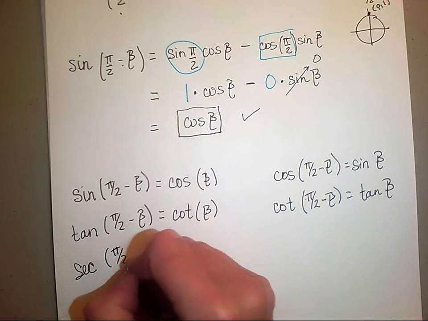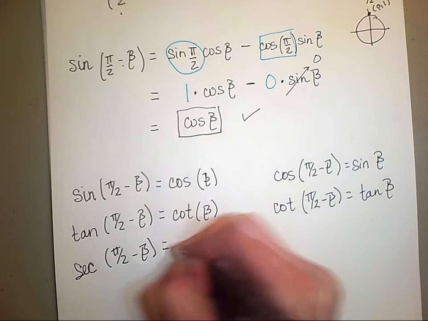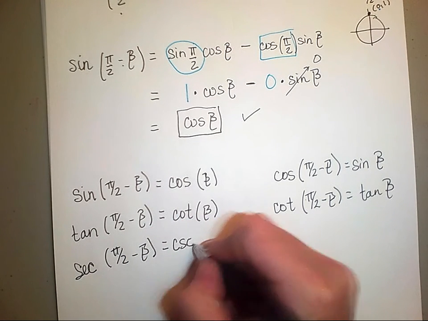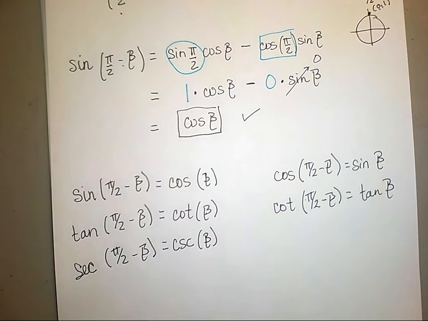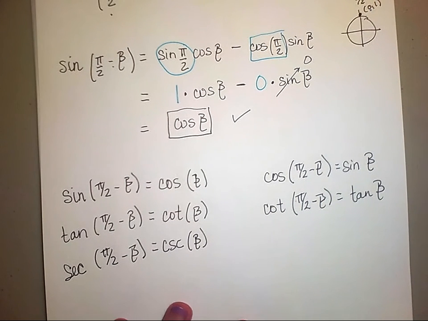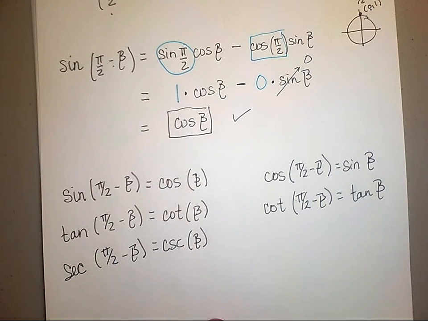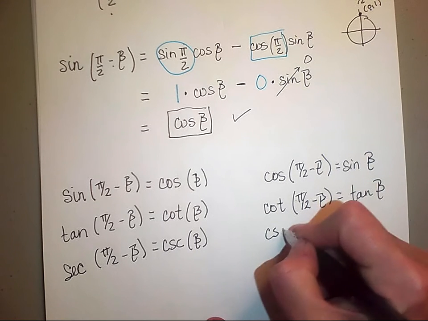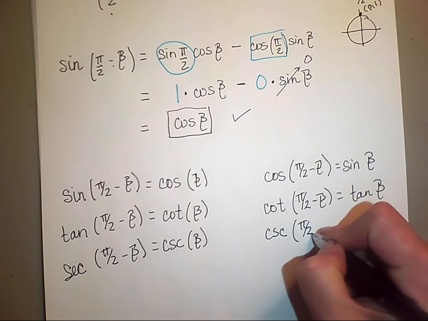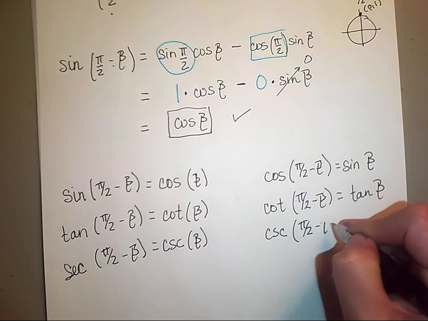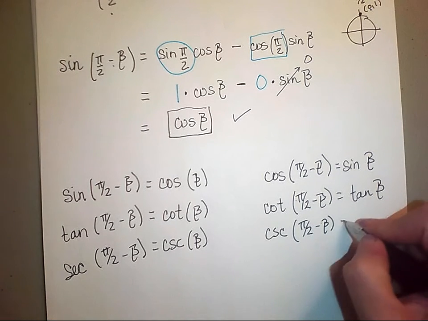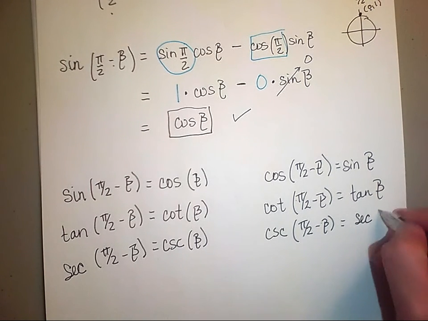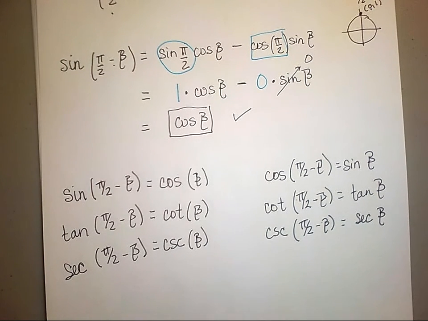And the secant of pi over 2 minus beta has to be equal to its cofunction, which is cosecant, of the complementary angle, which is just beta. And it'll work the other way as well. The cosecant of pi over 2 minus beta has to be equal to the secant of just beta.